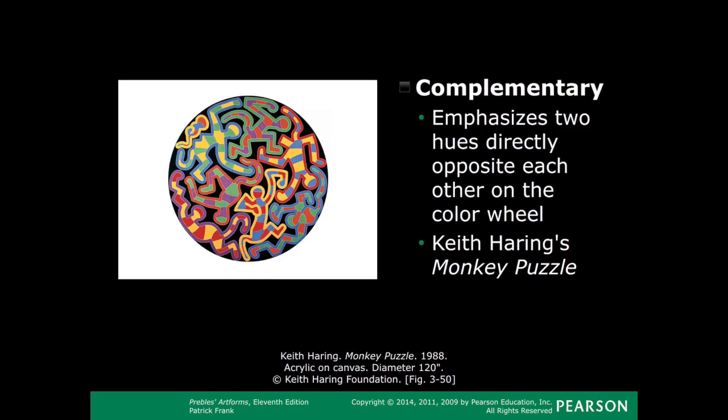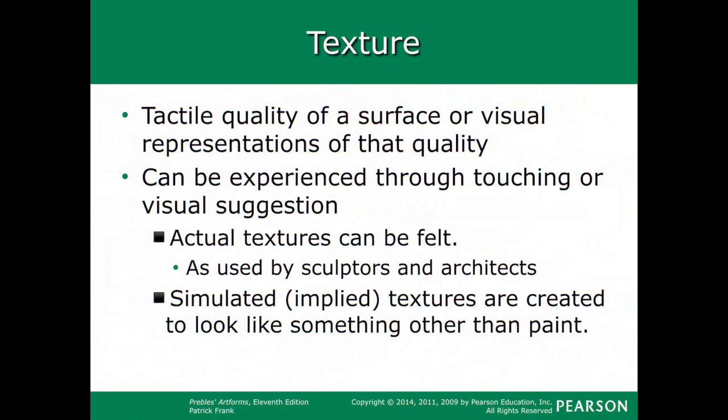There is a red outline on a design that has green on it. And then there's green within the purple. So Keith Haring does an interesting job of creating a design that incorporates complementary colors.